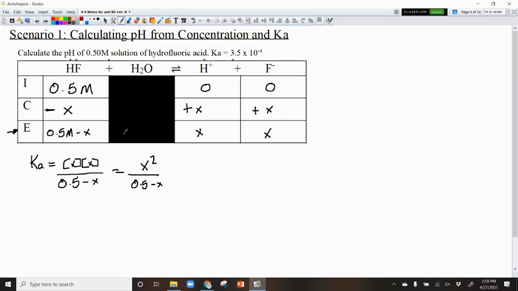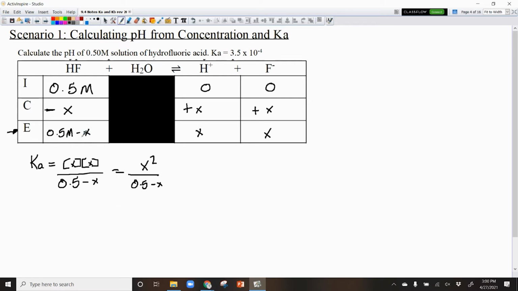Now, what I want to tell you here is that this X is going to be so small that it's really not going to affect significantly the significant digits of this 0.5, because normally these dissociations, since this is a weak acid, are really, really small. So they're like some number times 10 to the negative 3 or 4 or 5.